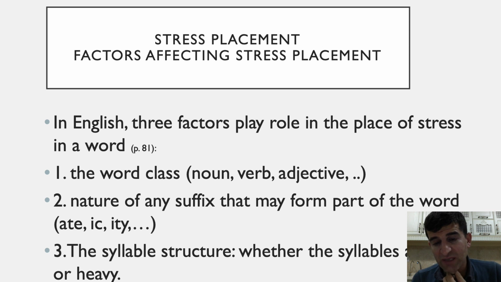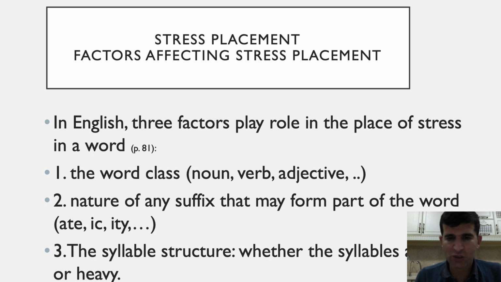But also we have some grammatical words. They have a grammatical function in the sentence. They do not carry meaning. They are called closed parts of speech, or grammatical words, or function words, like prepositions, conjunctions, auxiliary verbs, modal verbs. Usually they are unstressed in the English language.